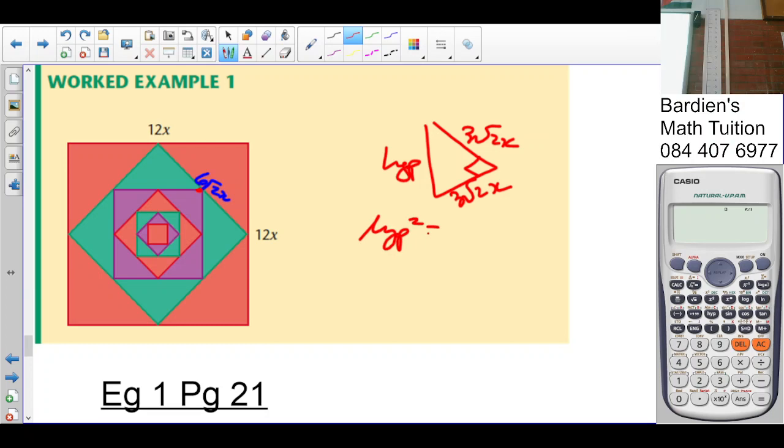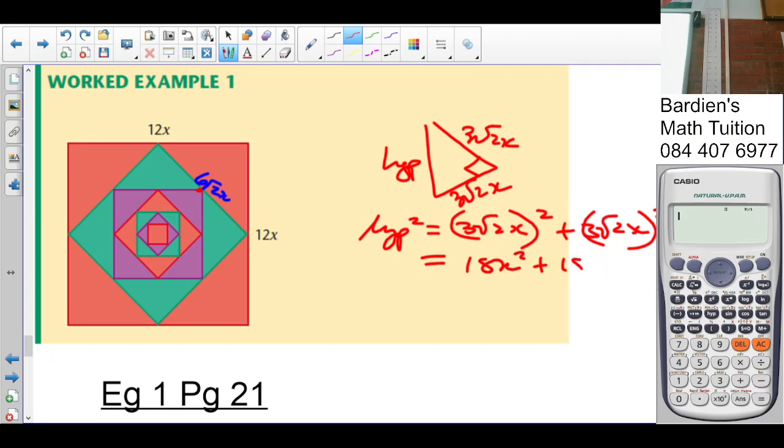So hypotenuse squared is equal to 3 root 2x all squared plus 3 root 2x all squared. That's 9 times 2, which is 18. So 18x squared plus 18x squared is going to give us 36x squared. And the square root thereof, which gives me the hypotenuse, is 6x. So this length here, of course, now is 6x.